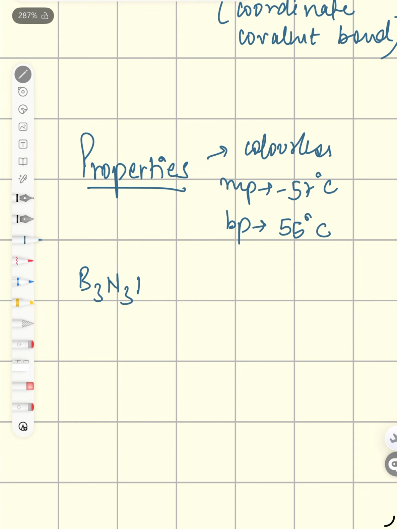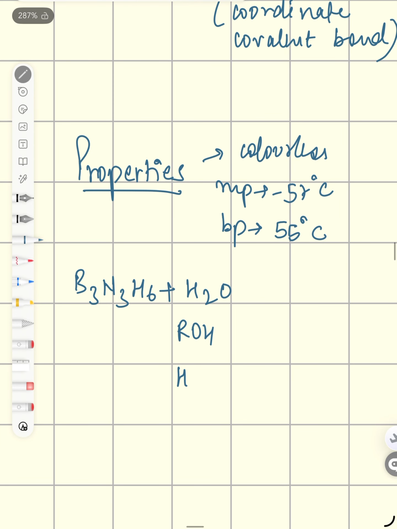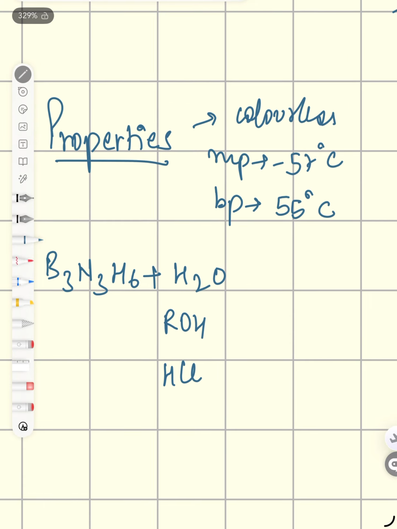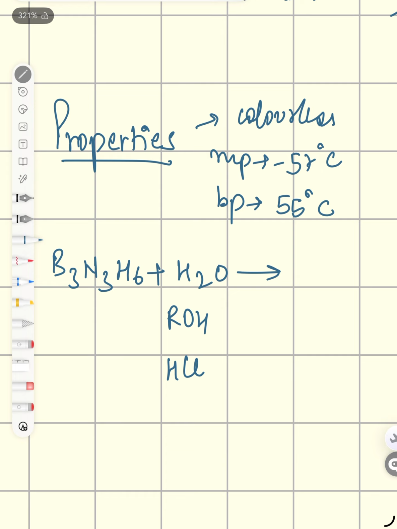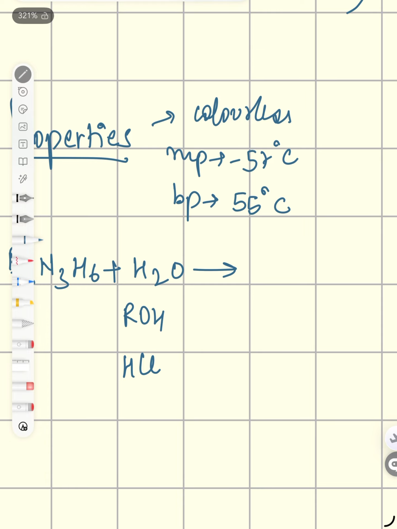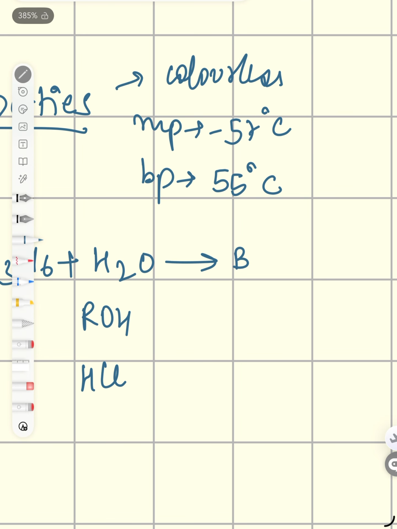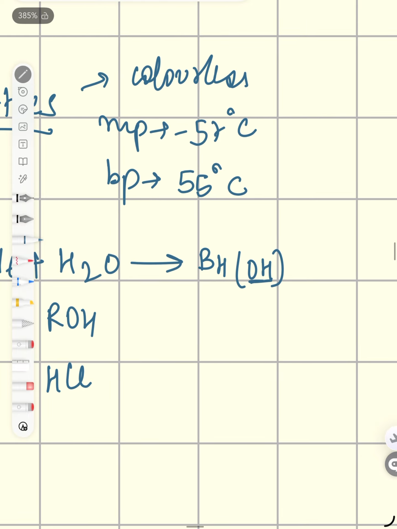Borazine readily reacts with water. The reaction is similar with any alcohol or with hydrogen halides, that is the hydrogen acids HCl, HBr. This results in the formation of addition products, that is BH hydride, hydroxyl group and an amide group, right?